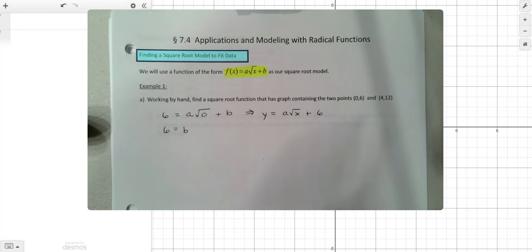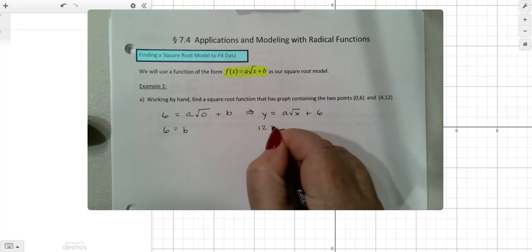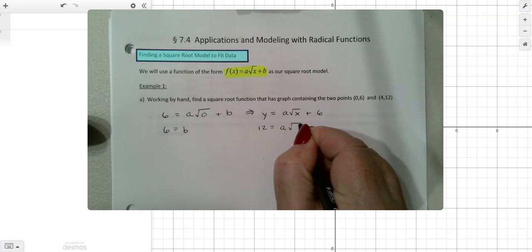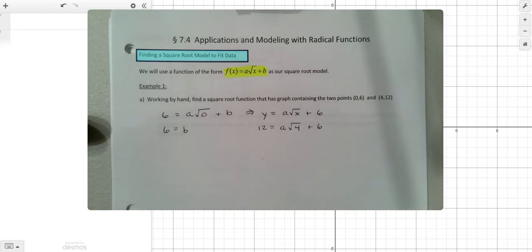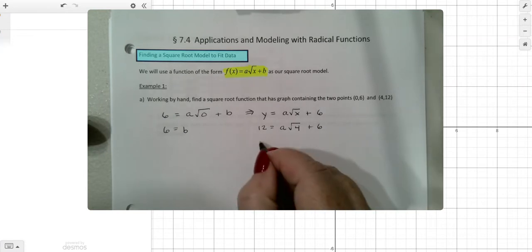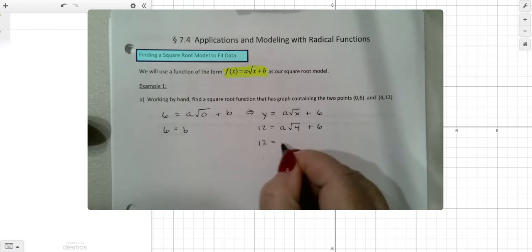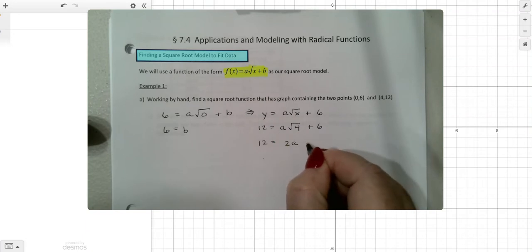We'll just go ahead and plug in our other point now, 12 for y and 4 for x. That gives me 2a plus 6.